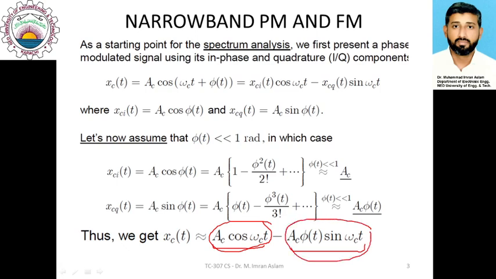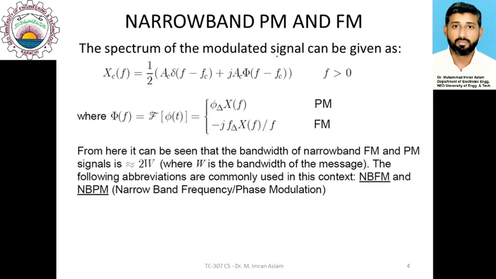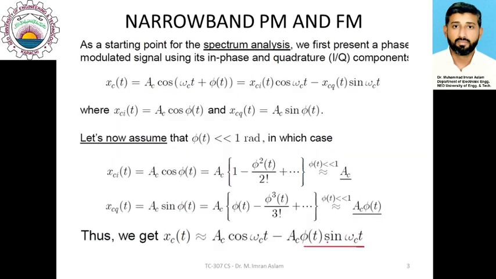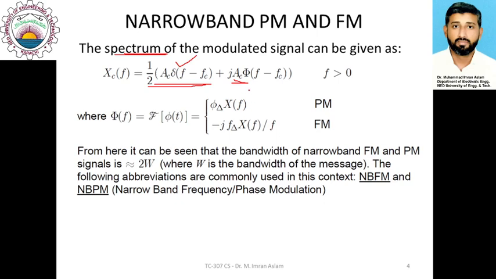So you can see a simple analogy here, and if you try to make the spectrum of this signal, you would see that the carrier would be represented as a simple impulse, whereas the second term phi t sin omega ct would have the spectrum of phi shifted to the carrier frequency. So capital Phi shows the spectrum of the phase phi t shifted to this high frequency, phi f minus fc.